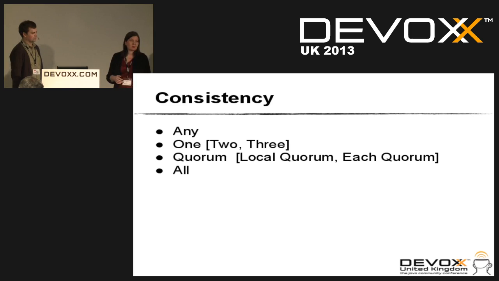And if your replication factor was 4, quorum would be 3. So when you're reading or writing at a level of quorum, it'll wait for more than half the nodes that should be involved to return to Cassandra before it will return to the client. You get local quorum as well, which means it wants to achieve quorum on the local data center, or each quorum, which means it must achieve quorum on each data center. And all means it waits for all nodes to return.